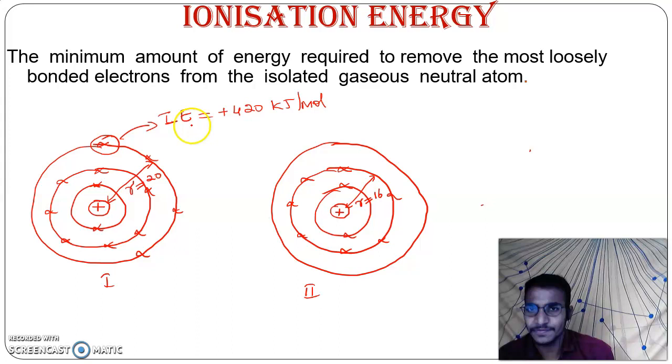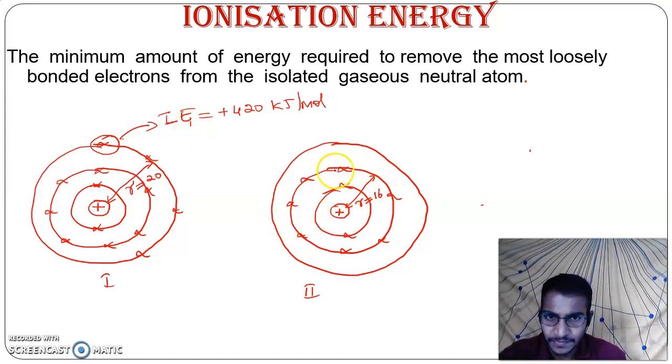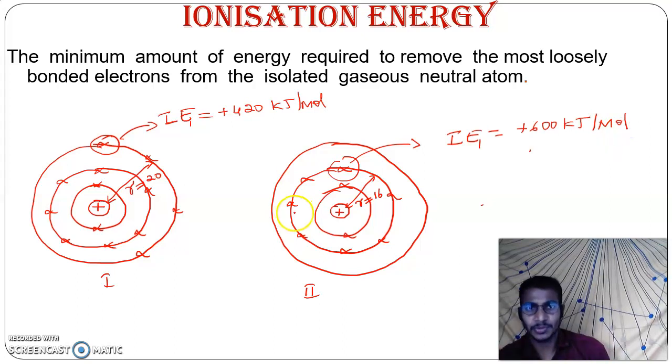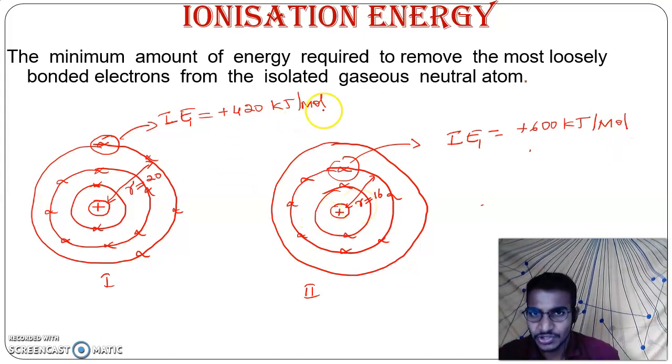Just for understanding, to remove an electron from the second shell, I'm talking about first ionization energy, we require 600 kilojoules per mole. I'm talking about energy, right? So I'm using kilojoule per mole.